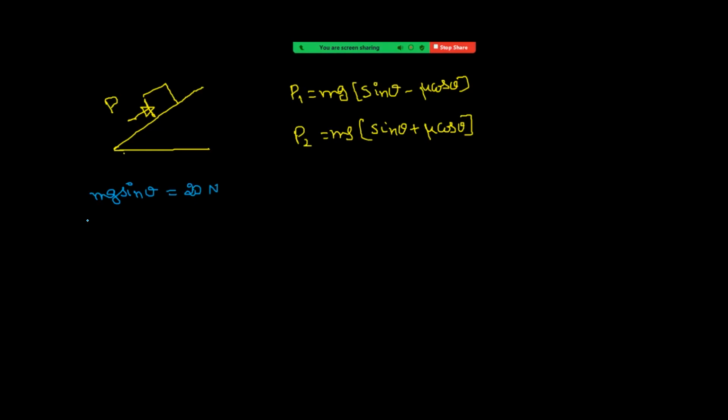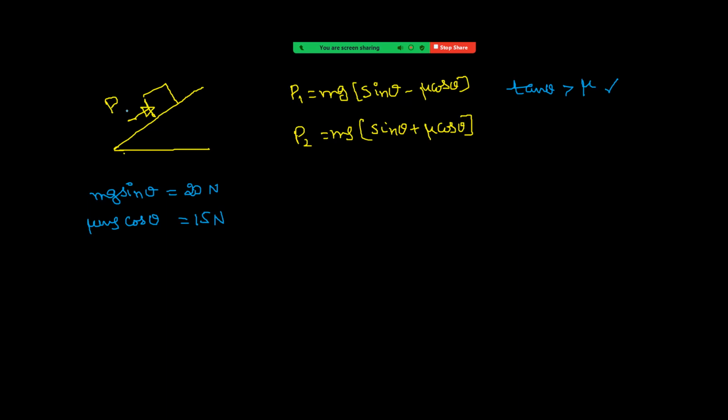And for limiting friction, mu mg cos theta, let us take 15. Why have I taken mg sin theta more? The reason is the given condition tan theta greater than mu, meaning mg sin theta is greater than mu mg cos theta. I have taken values randomly to understand easily.